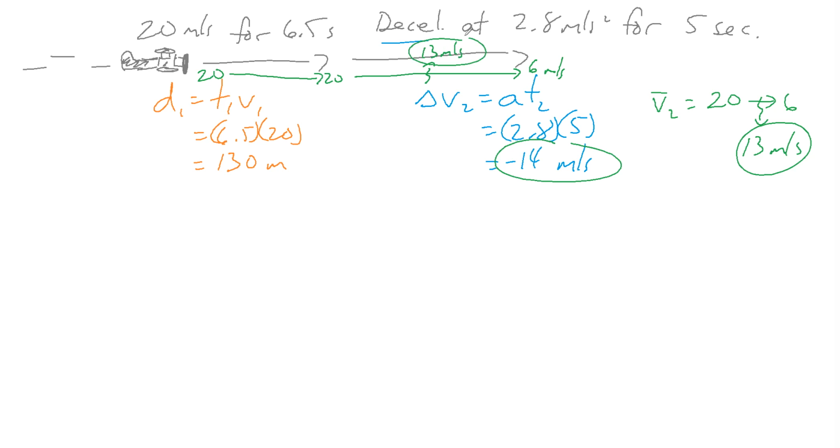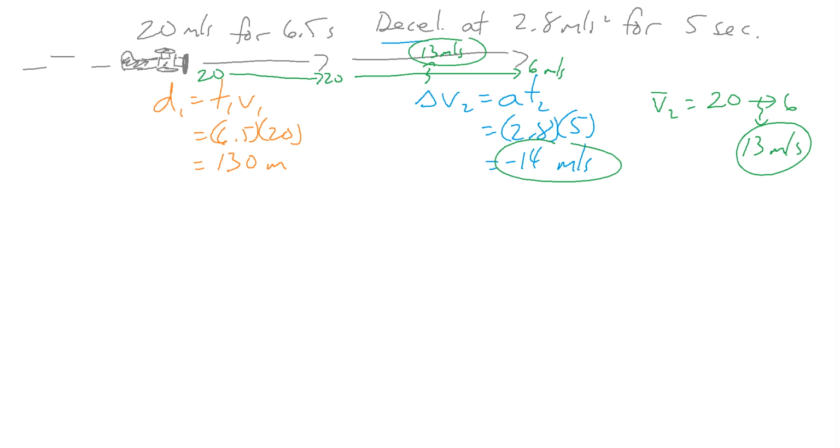Now notice I'm putting the quantities on the side they belong. I've got all my initial stuff right here, and my second part stuff over here. I like to put my stuff where it belongs in the diagram and in the picture. All right, so now that I have my average v, I can find my distance because I know my time for the second part.